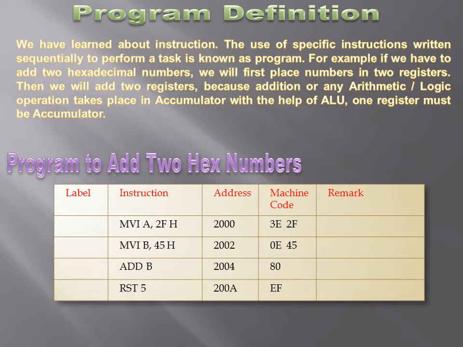Then ADD B has only the instruction code 80, and this 80 will generate the controls to add 45 to the accumulator. And EF temporarily stops the process for a short time.